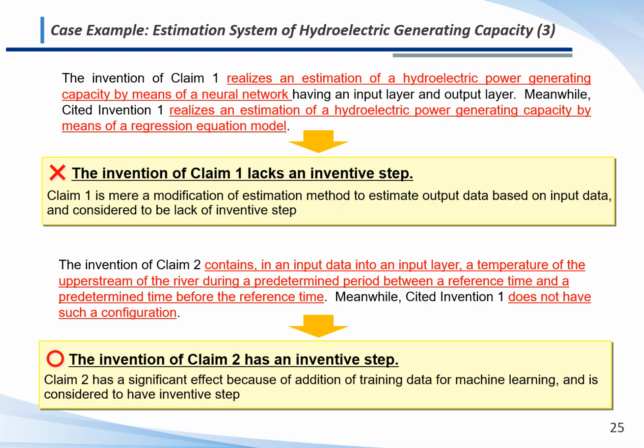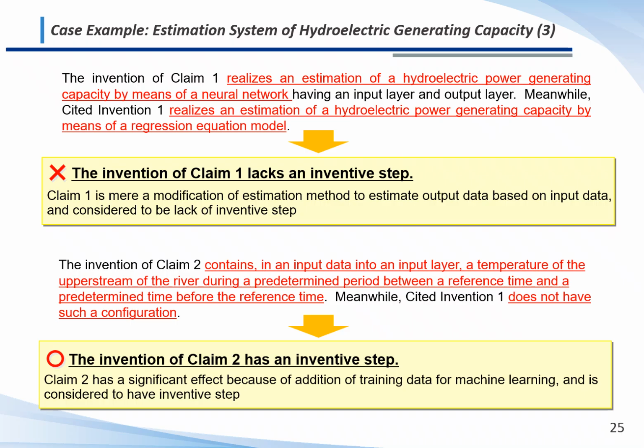And, cited invention 1, and the well-known art share a commonality in estimating a certain output in the future based on an input of time series data in the past, with reference to a correlation among data. Therefore, a person skilled in the art could easily derive a configuration that enables estimation of a hydroelectric power generating capacity, by applying the well-known art to cited invention 1, and adopting a trained neural network in substitution of a regression equation model.